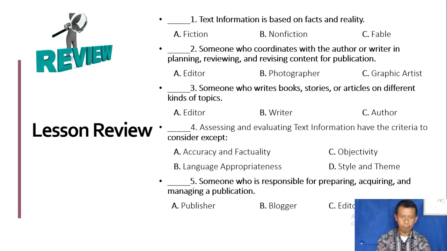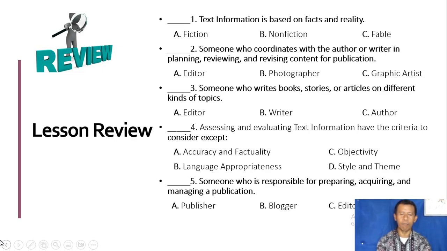Number 3, someone who writes books, stories, or articles on different kinds of topics. A, editor. B, writer. C, author. If your answer is letter C, author, then you are correct. Number 4, assessing and evaluating text information have criteria to consider.